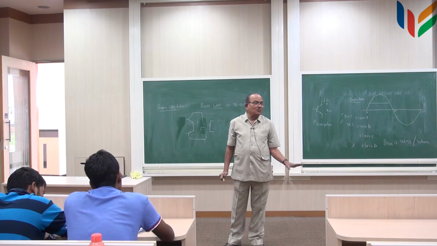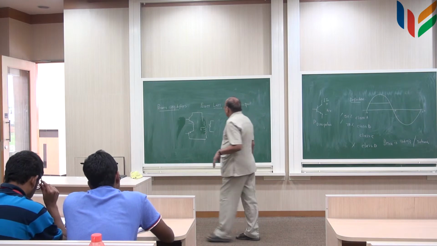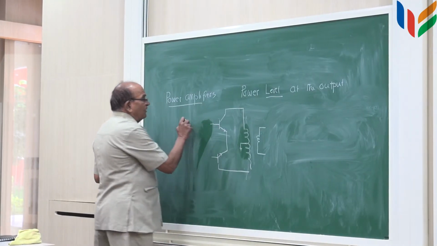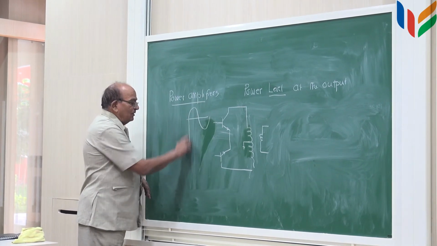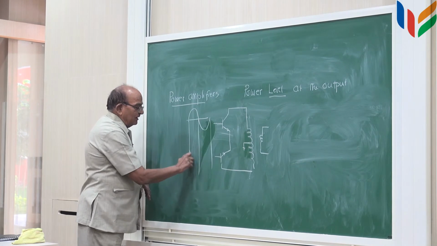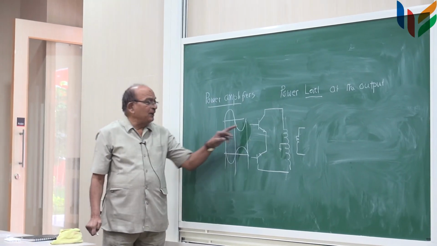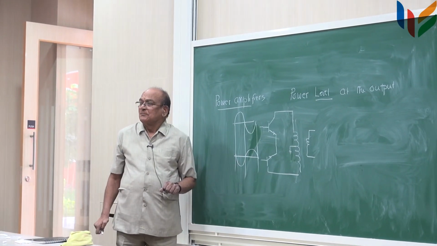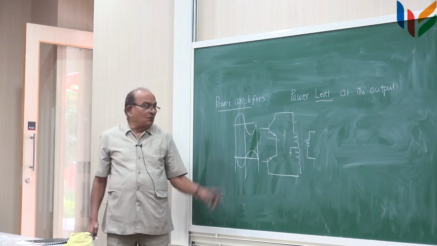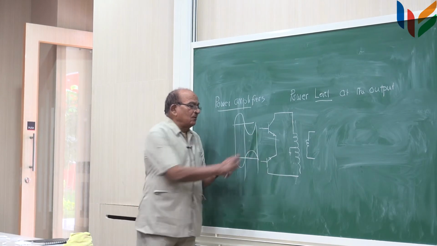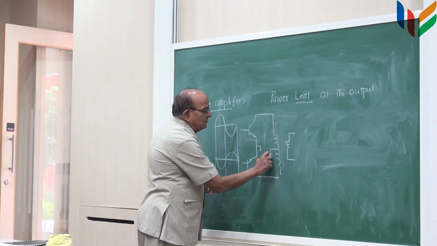We do not use it anymore, but just to appreciate why this circuit has come. The idea here is, if you have a sine wave here, which is the input, you somehow develop a sine wave which is the inverted value of this. You feed this here, you feed this here. Now, what happens in this circuit?